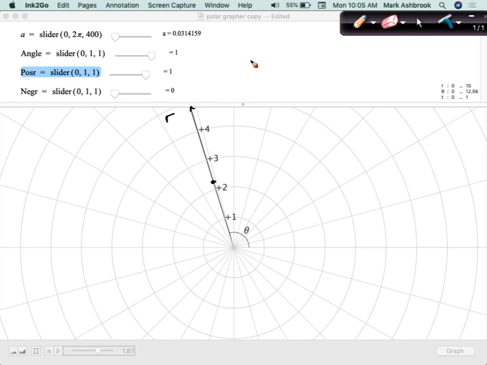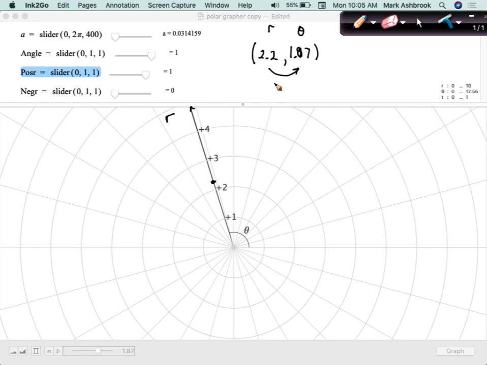So say I've got the point where theta equals 1.87, thank you, and r is 2.2. But here's the thing. The convention for writing polar points is backwards.